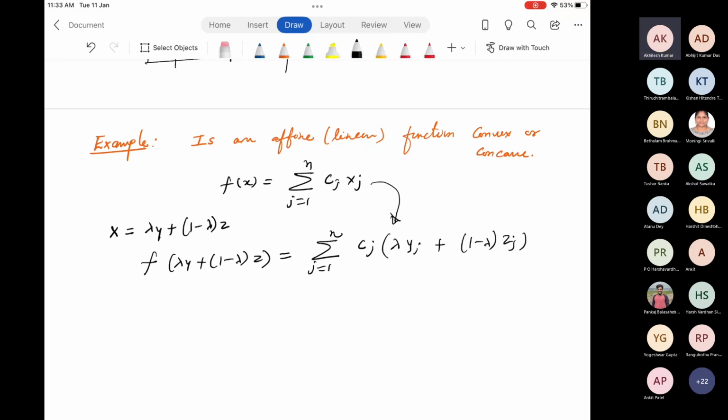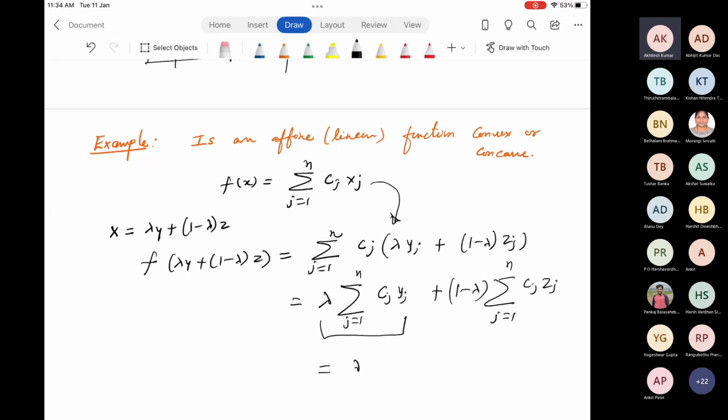Yes. And then if you rearrange, you will get lambda summation j equals 1 to n of c j y j plus 1 minus lambda summation j equals 1 to n of c j z j. This is nothing but lambda f(y). This is 1 minus lambda f(z).